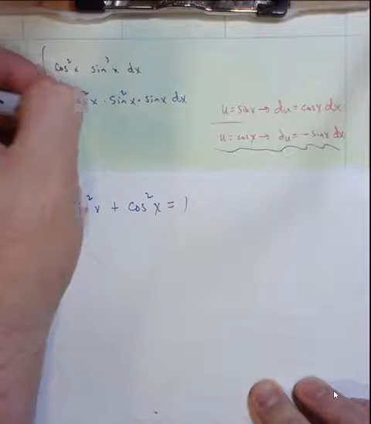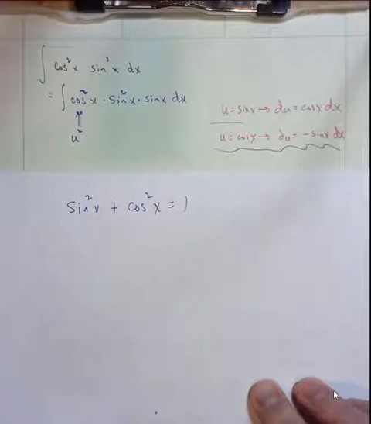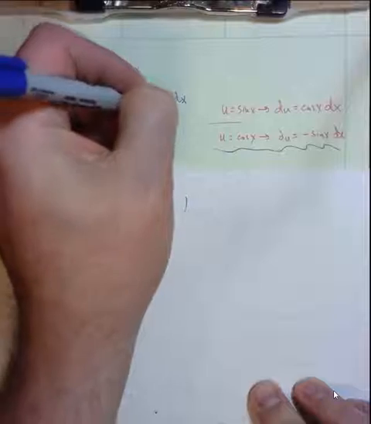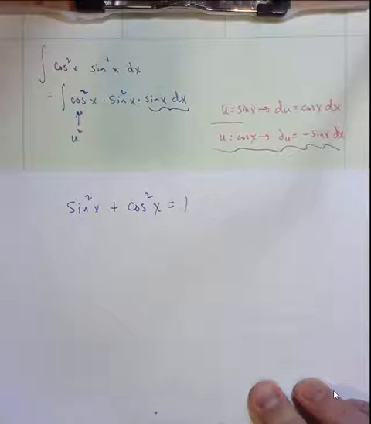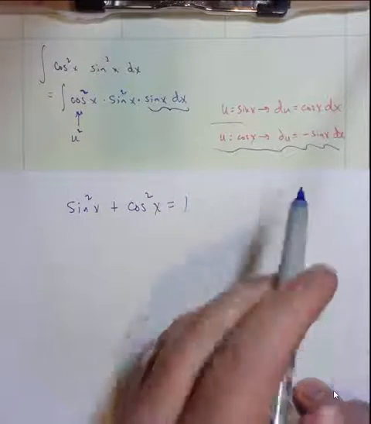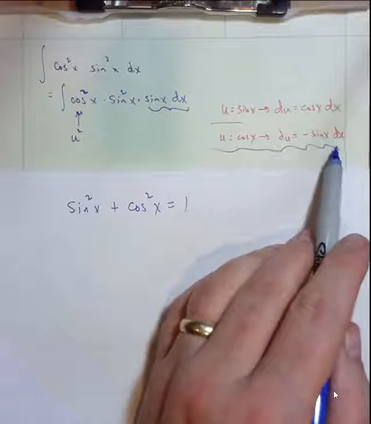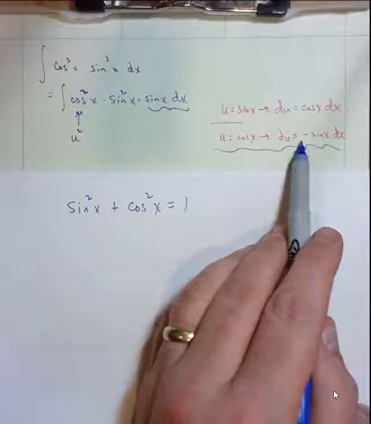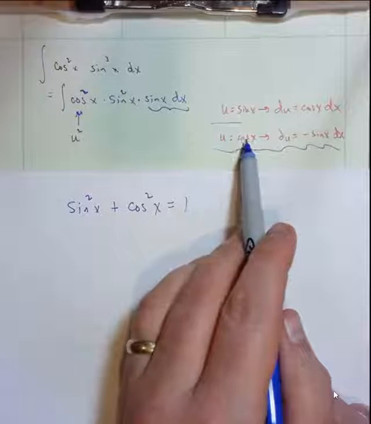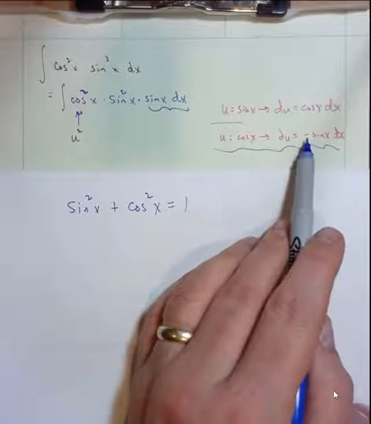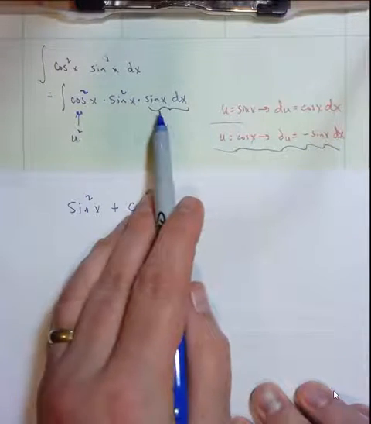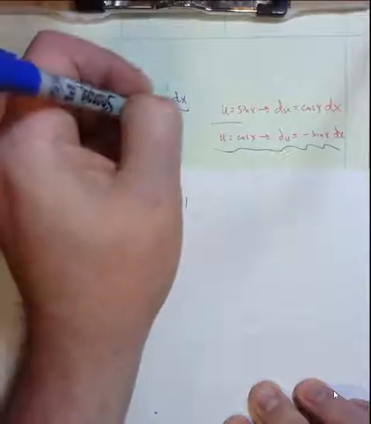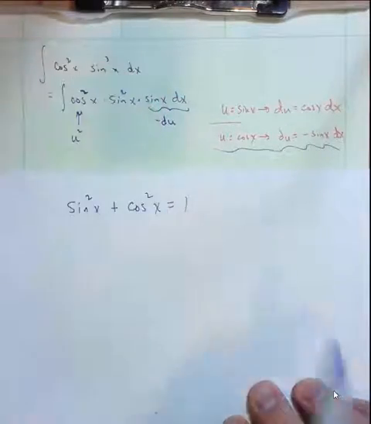This term right here is going to be a u squared. This part right here, based on my substitution, is going to be negative du, right? If u is cosine of x, du wants to be negative sine of x dx. Well, this is a positive sine of x dx. No biggie. That's just a negative du.